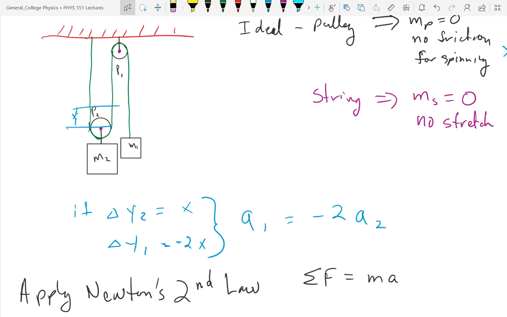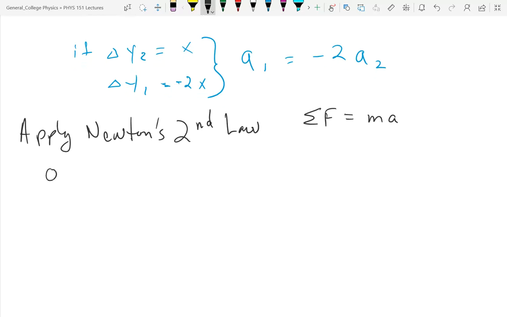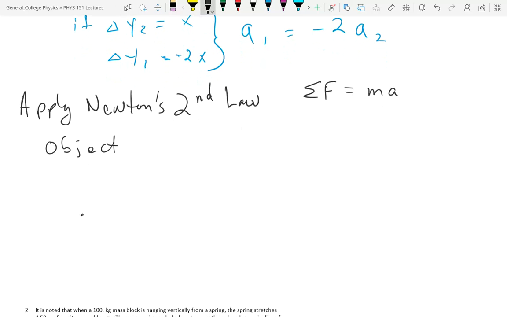By the way, that red line with the slashes, that just means a stable object is not going to move. So the strings are tied to that so they don't move. So I need to make free body diagrams for object 1 and object 2. So I'll first do object 1 just because 1 comes before 2. Here's my object. What forces are acting on it?